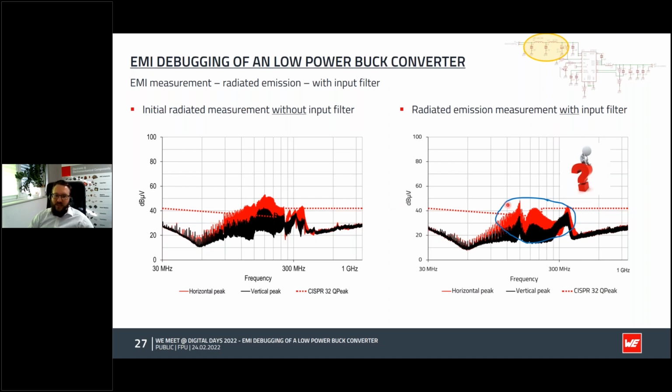But still there is, I would say, a broadband or wideband violation of the limits. So still we cannot pass this test. So this leads us to a second prototype and a second approach.